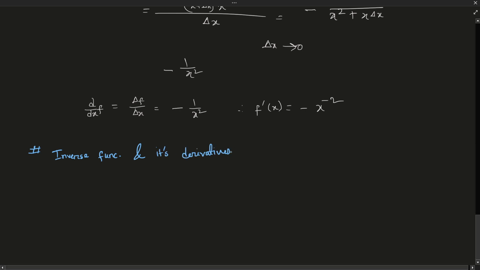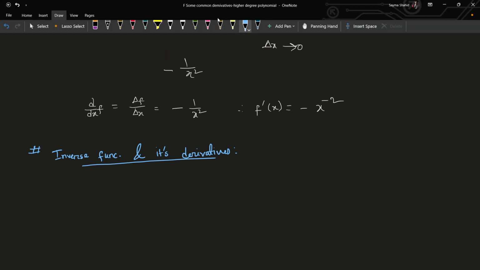Basically, an inverse function is something like this: you give something, it will be modified, and then it will get back to the form it was once in.